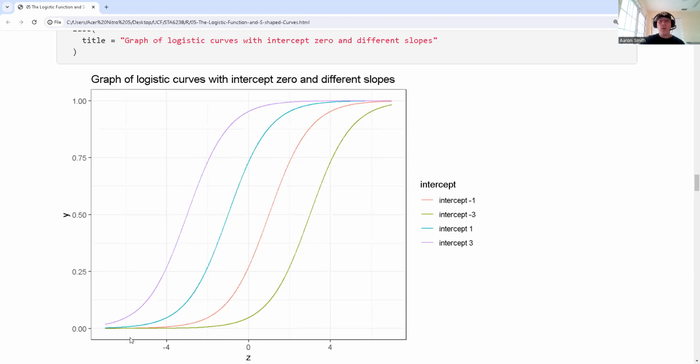Here, when I have an intercept of -3, you'll notice that the curve is farthest to the right, and it's farthest to the left when the intercept is +3. We can see the shifting over between the two. So when I have +3, I'm far left, then +1, -1, -3.